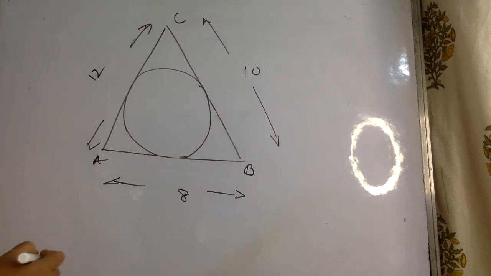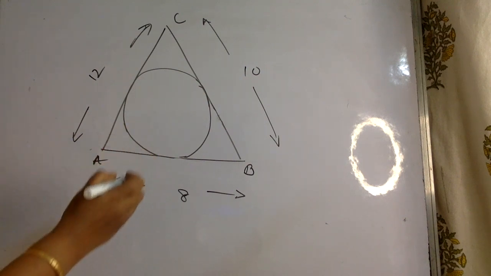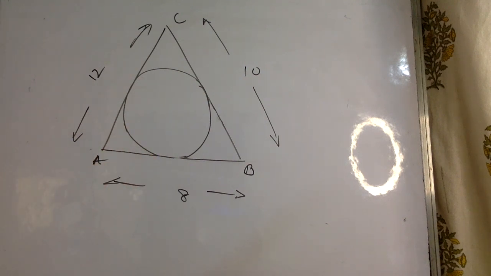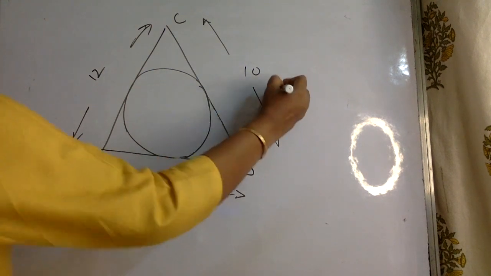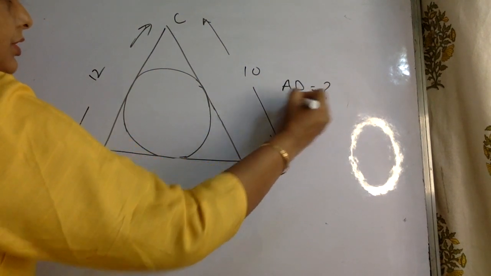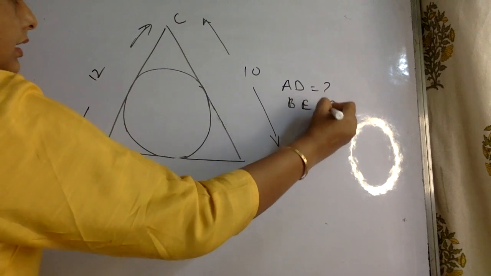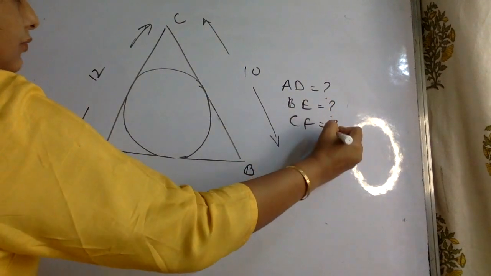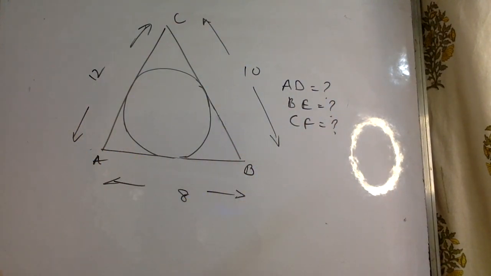Now they have asked us to find the length of AD, BE and CF. How much is AD, how much is BE and how much is CF, they want us to find. Okay, so what do we do?